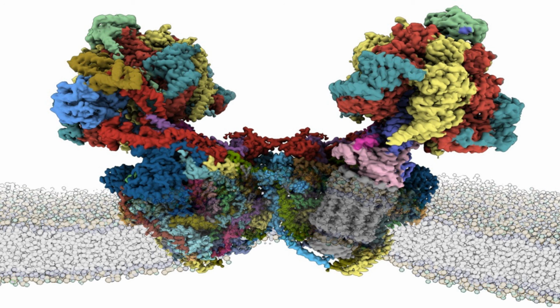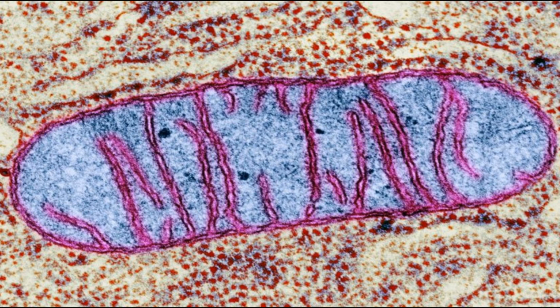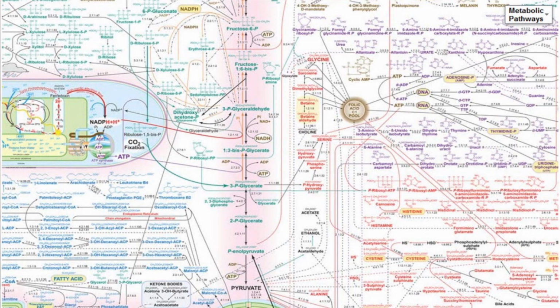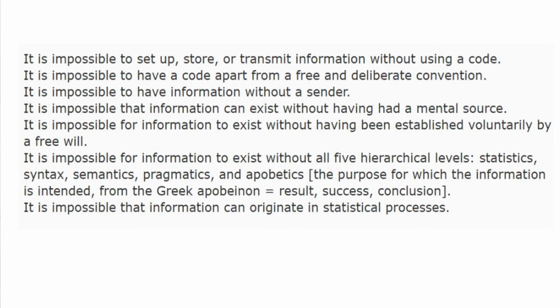Responsible for energy generation are high-efficiency power turbines, ATP synthase, superb power-generating plants, mitochondria, and electric circuits, highly intricate metabolic networks. It is impossible to set up, store, or transmit information without using a code.